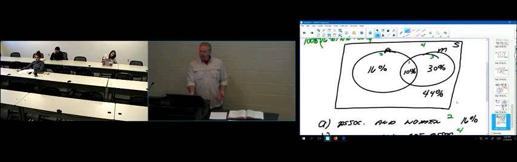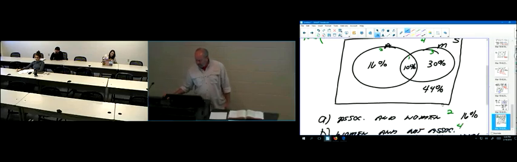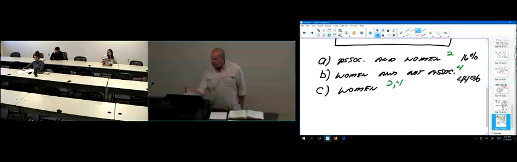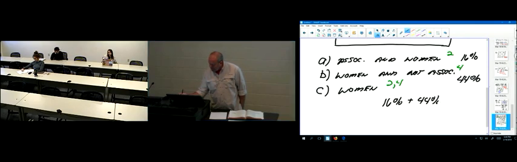Which ones are earned by women? In other words, what regions make up earned by women? That is 2 and 4. So what we're going to do is add together that 16 plus the 44, which is 60%.